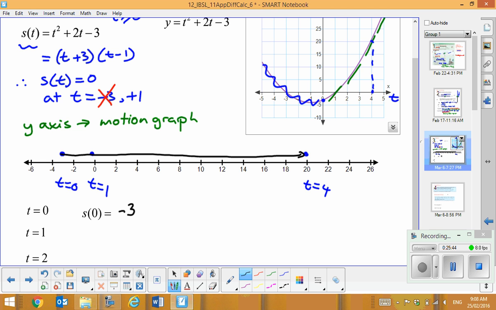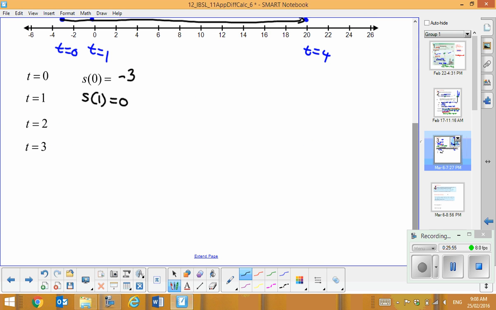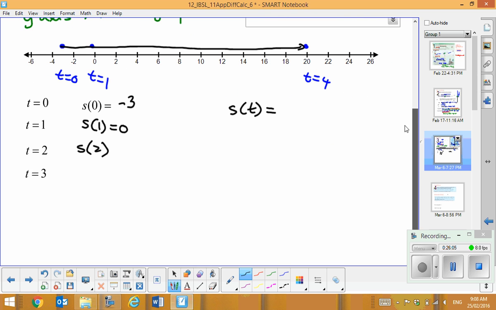At time equal to 1, we worked out, what's S of 1? 0. What is at time 2? What's S of 2? What's our equation? t squared plus 2t minus 3.